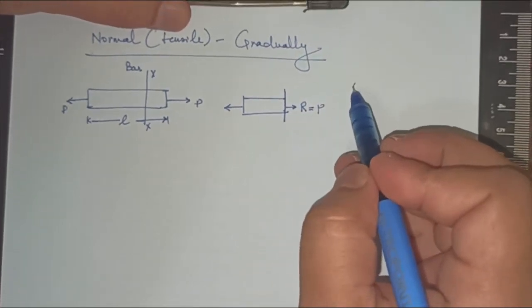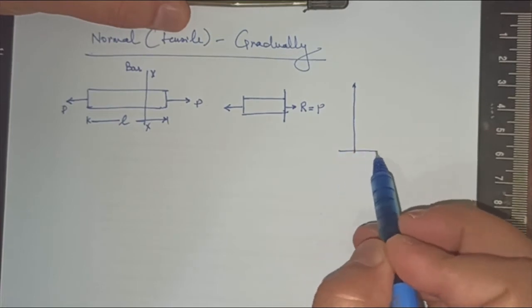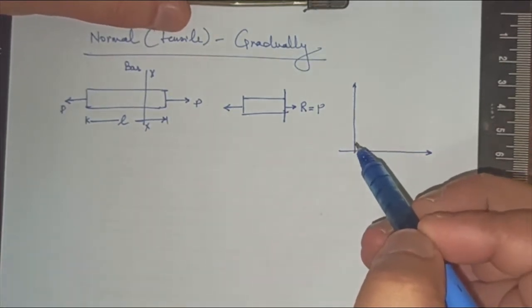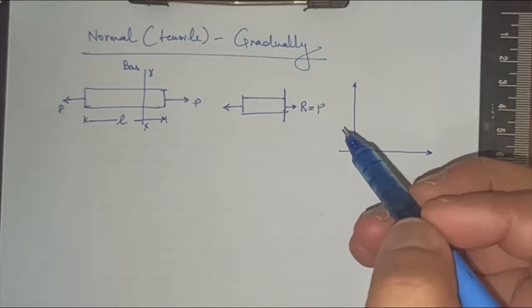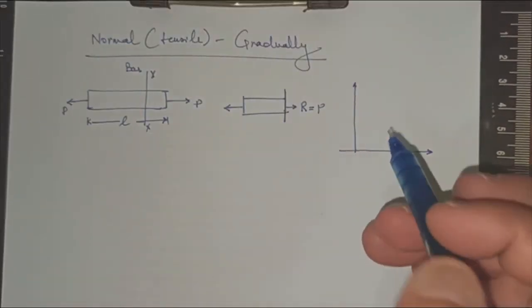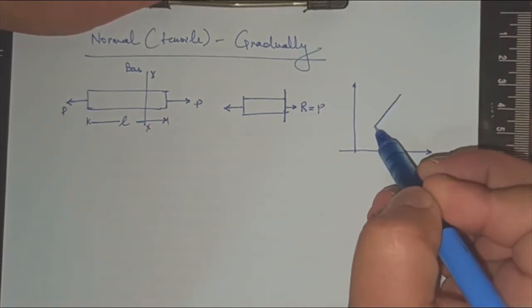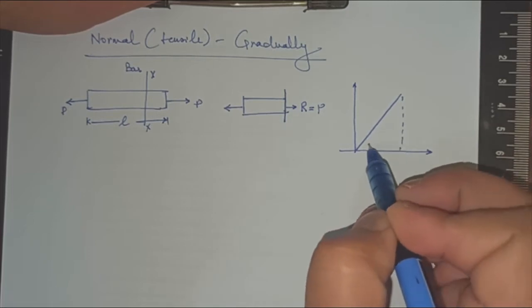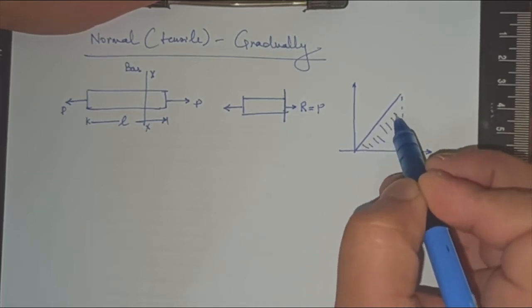So what will be the load displacement curve? I'm assuming here a linear elastic material, and if it is not a linear elastic material, you know how to obtain that, I have shown you. So it's a linear elastic material like this. The area under this curve will be the amount of strain energy.